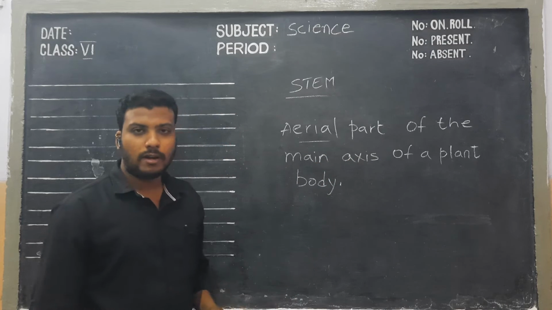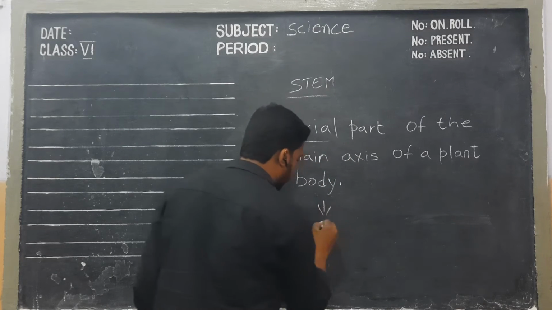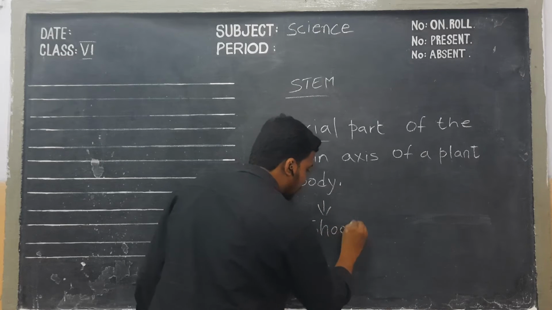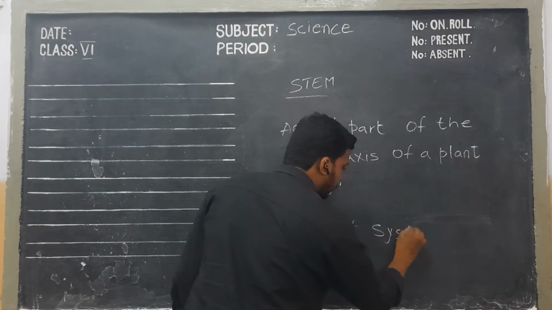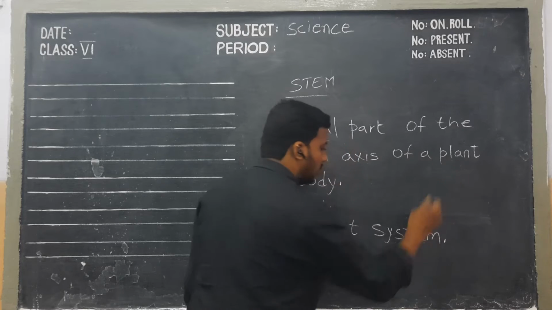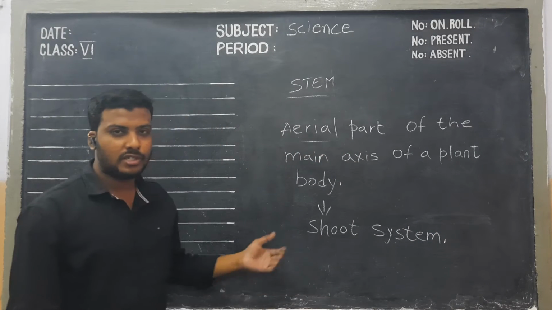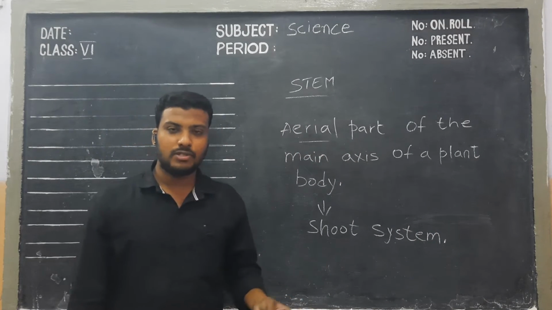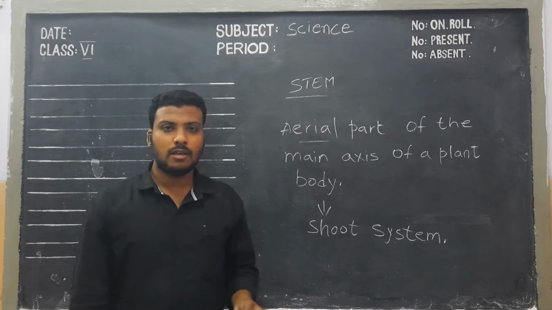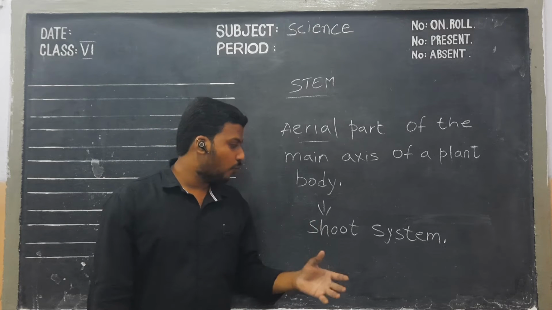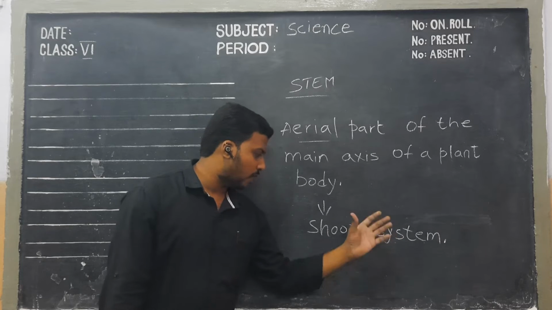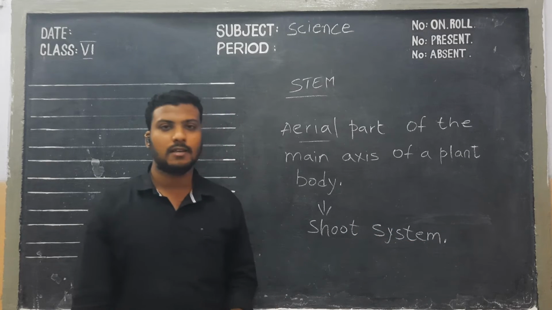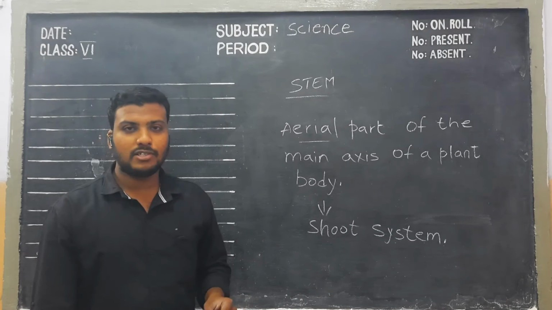It is also called the shoot system, children. This shoot system consists of leaves, branches, flowers and fruits. But why are we considering the shoot system?